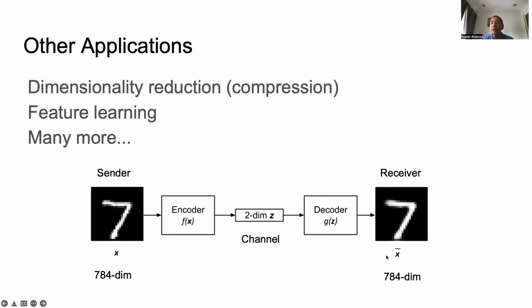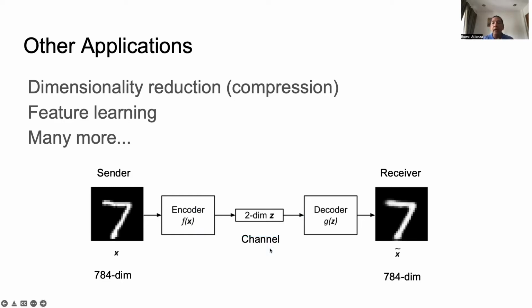The sender uses the encoder to compress the image into, for example, a 2-dim vector. This is much smaller than the 784-dim original image size. Then this 2-dim vector is transmitted over the channel. The receiver decodes the 2-dim vector to restore the original image.